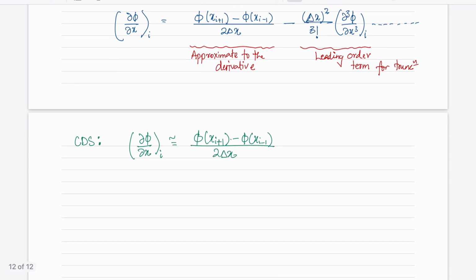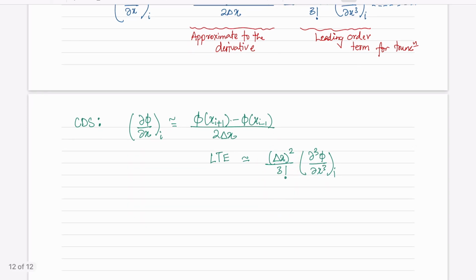And if you look at the leading order term for the error, this is approximately, and I'm taking the magnitude of that, delta x square over 3 factorial times a third derivative. But usually we are interested in what is the power of delta x that is associated with it, and for that reason we can say that this is of the order delta x square.